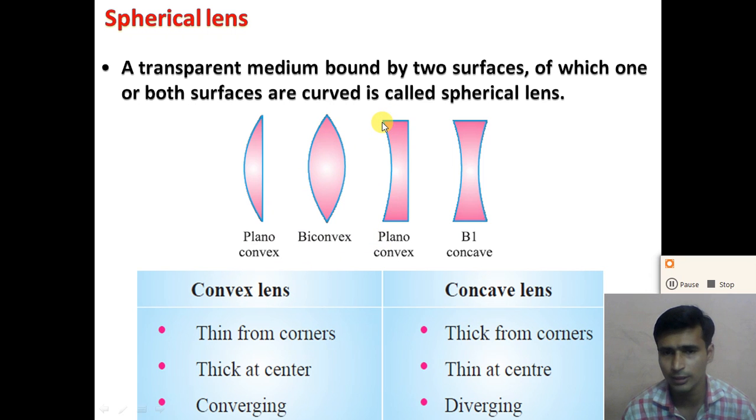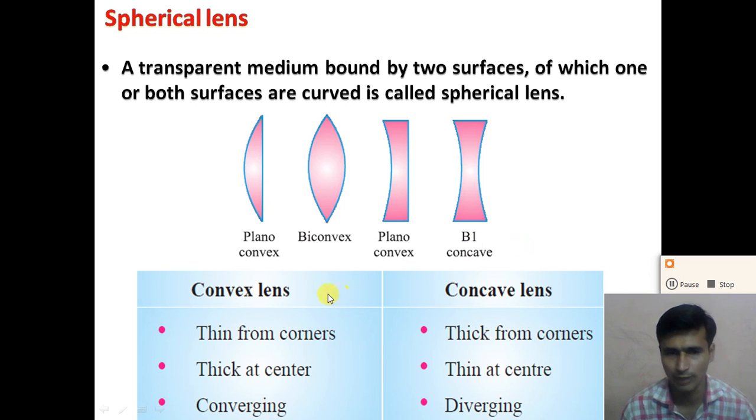If one surface is curved inward and the other is a plane, it is called a plano-concave lens. And if both surfaces are curved inward, it is called a biconcave lens or simple concave lens. So mainly lenses are divided into two types, convex lens and concave lens, right?